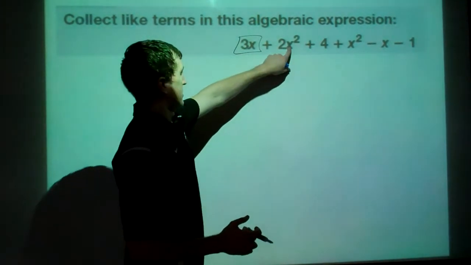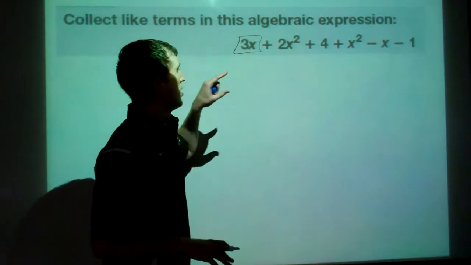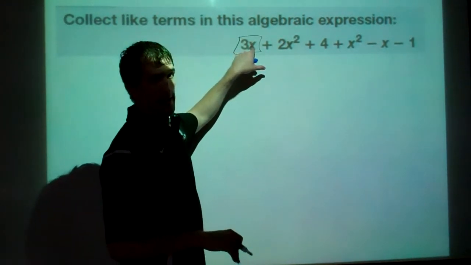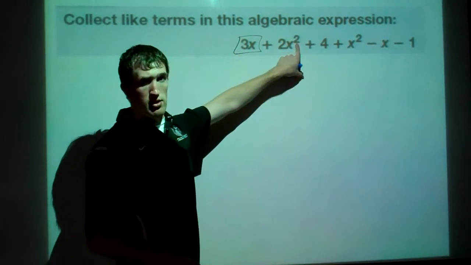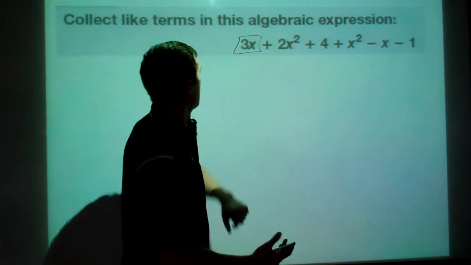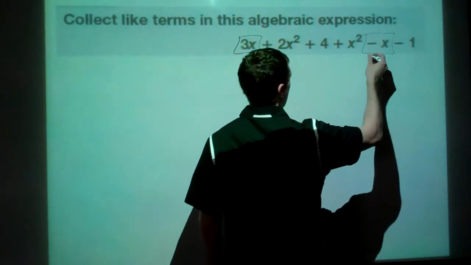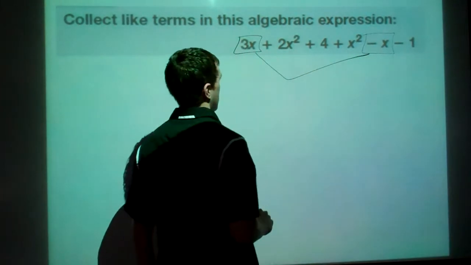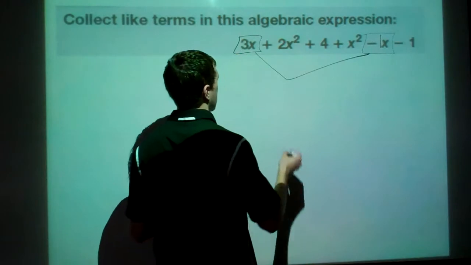So x to the second and x are completely different. We're not going to combine them. We want things to the single x, or the same degree. This is the first degree. This is the second degree. It all depends on what power it is. So what other first degrees do we have? We've got one right here. That's a first degree. So now we have 3x minus 1x, which is a 2x.